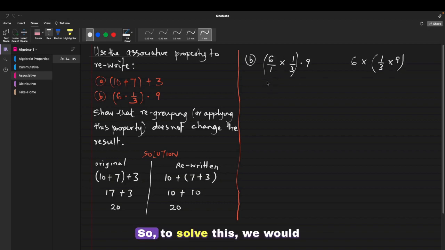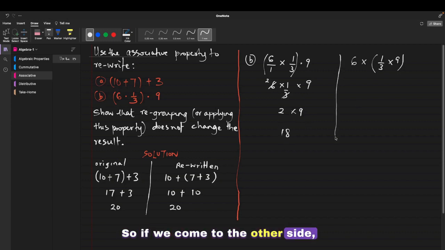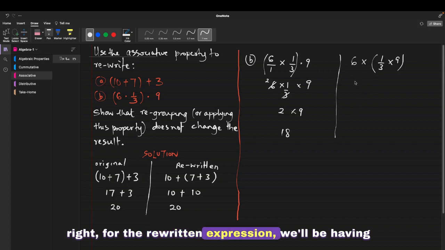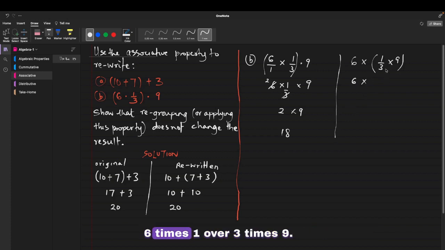So to solve this, we would have 6 times 1 over 3. 3 can go in 6 2 times. That is 2 times 9. 2 times 9, that's 18. So if we come to the other side, for the rewritten expression, we'll be having 6 times 1 over 3 times 9.